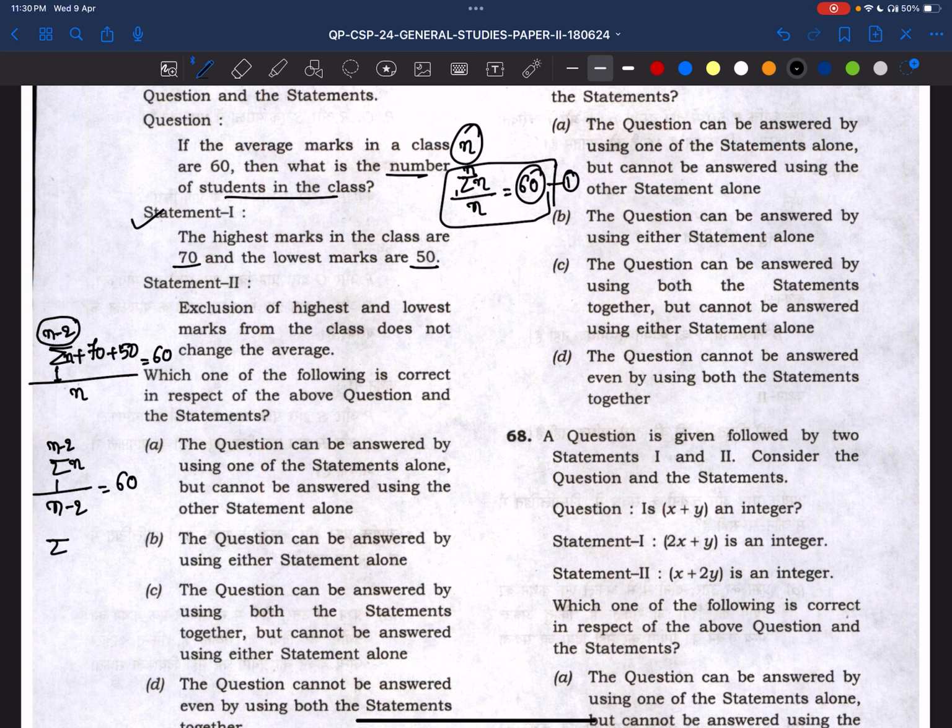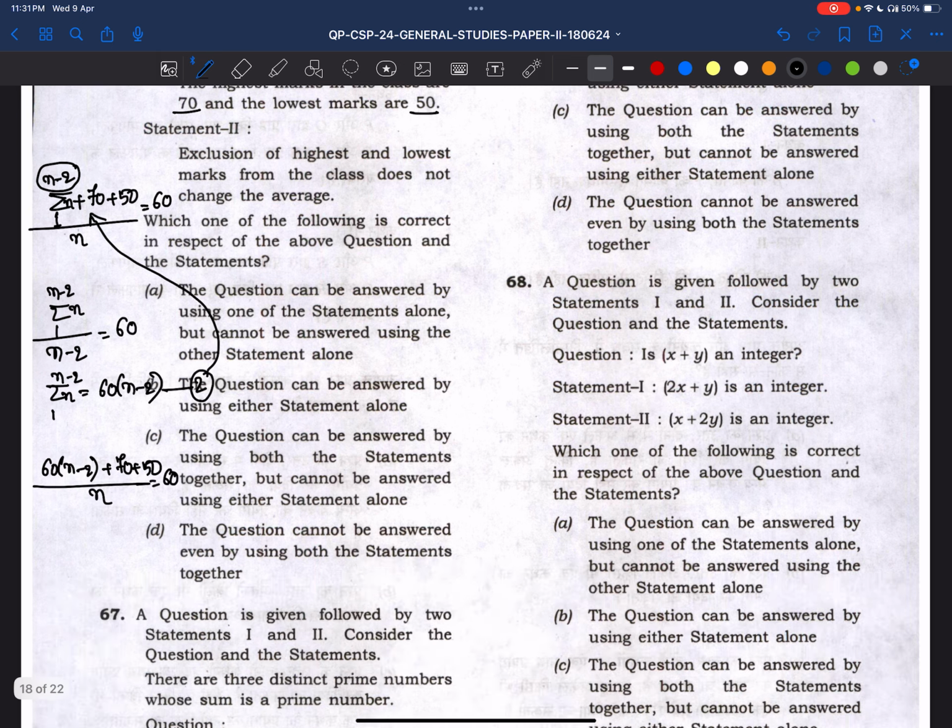Sigma 1 to n minus 2 is equal to 60 times n minus 2. Let this be equation number 2. Let's substitute in equation number 1: 60 times n minus 2 plus 70 plus 50, by n, is equal to 60.